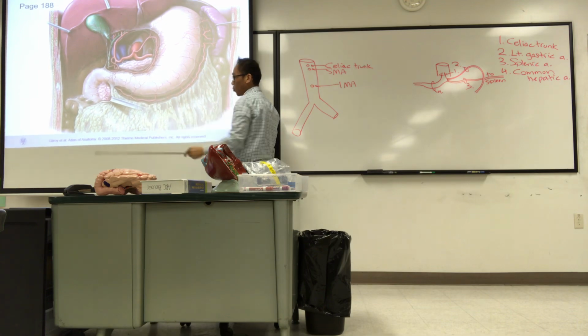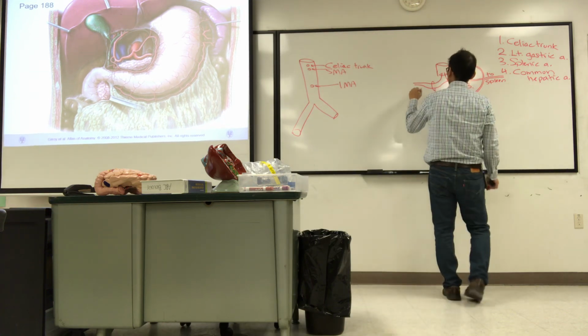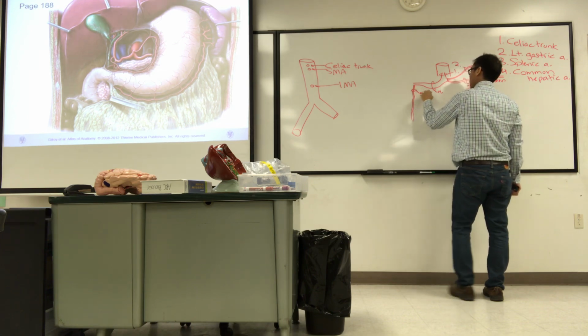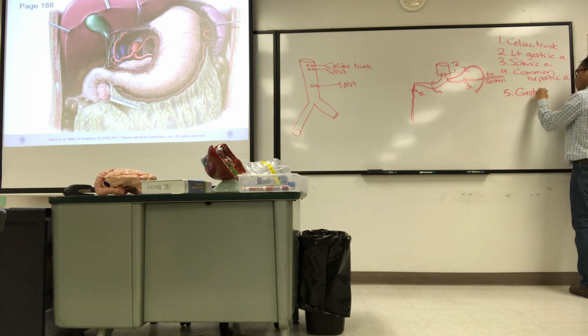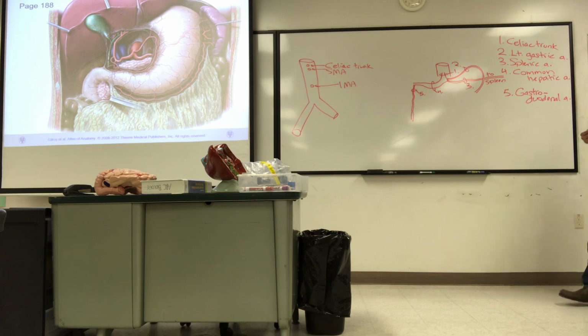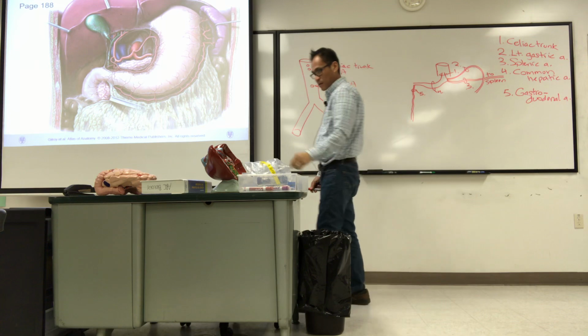It's called the gastroduodenal artery. The next branch it gives off follows the curvature of the stomach again.